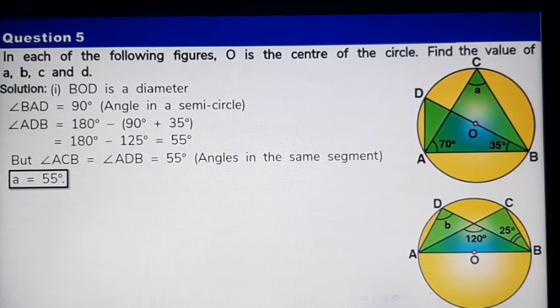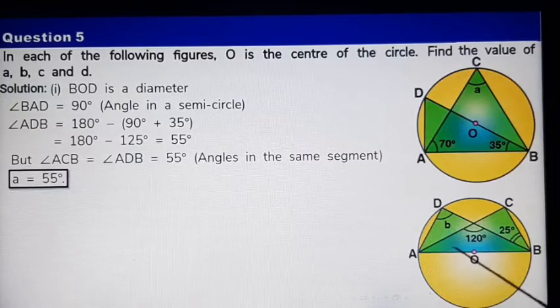In this case AB acts as my segment. If this is my segment, then this angle and this angle will be equal because they are angles in the same segment. Let us try to find this angle so that we will be able to find this. Now we know one of the theorems we learned in our junior class, which says the exterior angle equals the sum of the opposite interior angles.